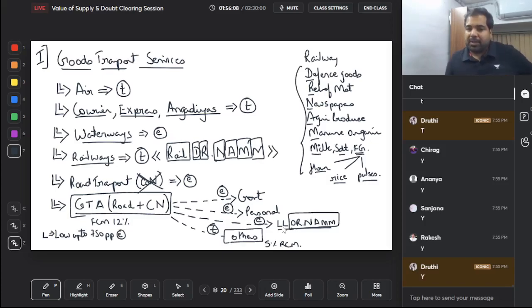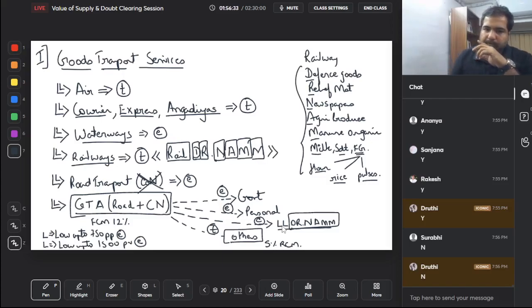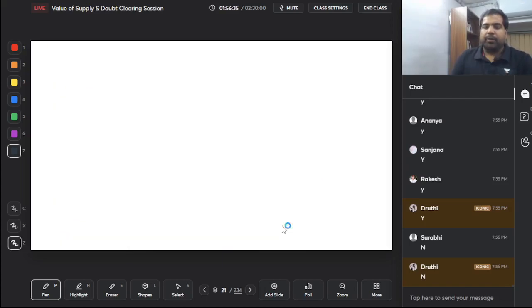So guys, if I'm transporting some mobile phones, 4 mobile phones, and the transportation cost is up to 750, will there be any GST? No. And this is per person, yes. And in one tempo or in one truck, next L is again low value, but this is not per person, but this is per vehicle up to 1500 is also exempt. Let me explain this slightly more detailed.